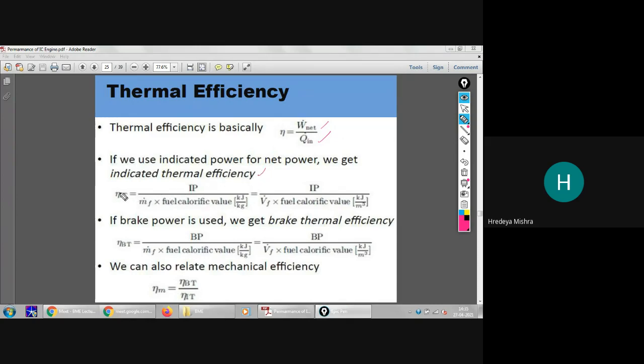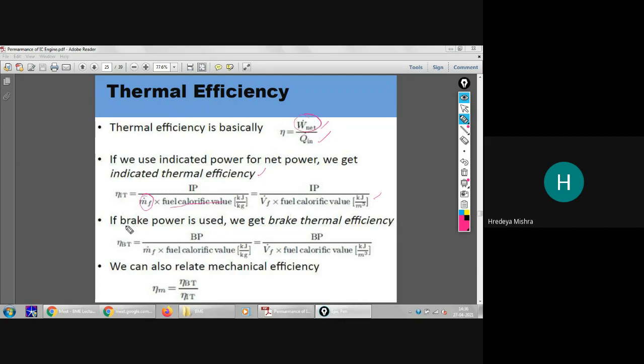So here eta IP equals IP divided by MF, what is MF? Mass flow rate, times fuel calorific value, in kg upon kg. So here it is MF into fuel calorific value. If indicated power is the net power, then this is the net power.